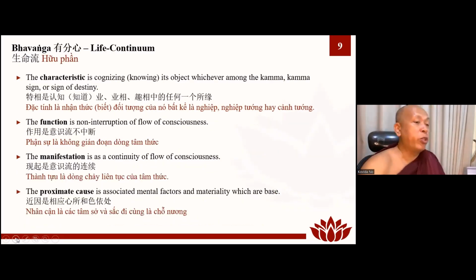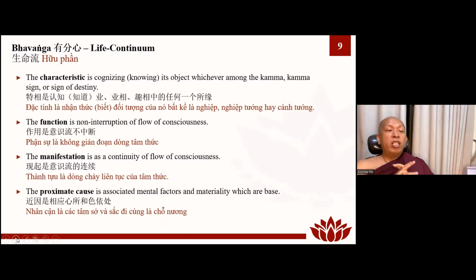Okay, now we have to proceed to the next one. Bhavanga, life continuum. Life continuum is also very similar. The characteristic is cognizing or knowing its objects, whichever among the karma sign or sign of destiny. Same as before, right? The function is the non-interruption or flow of consciousness. In our daily life, if we don't have any particular objects at the time, life continuum arises.